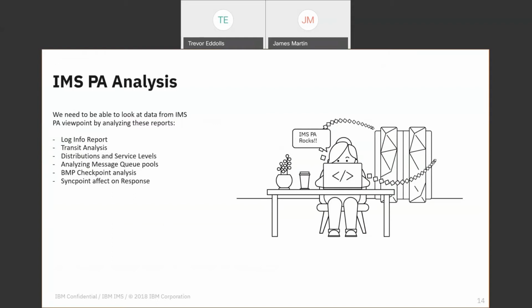We're going to look at transaction performance analysis using Performance Analyzer, maintaining our distributions and service levels, because as customers, we're all bound by service level agreements with our customers that we have to meet, right? So that's something from a performance standpoint that we definitely have to understand.